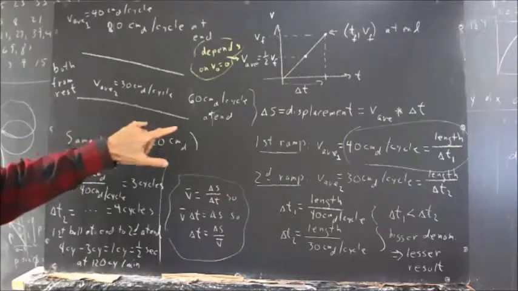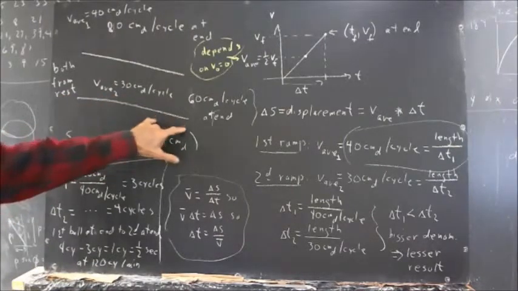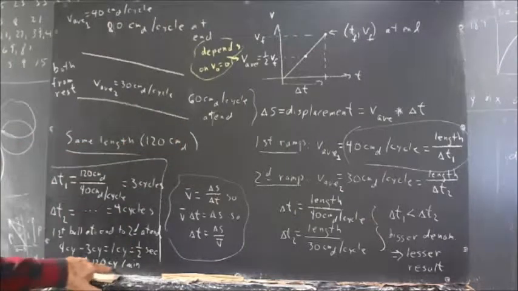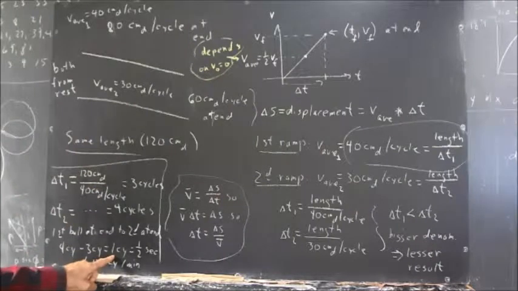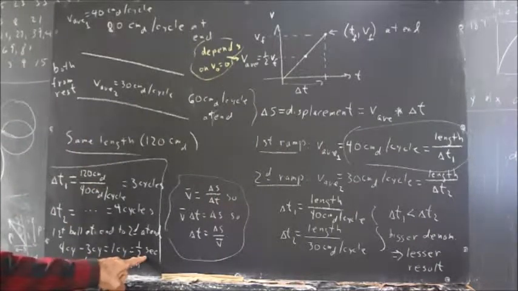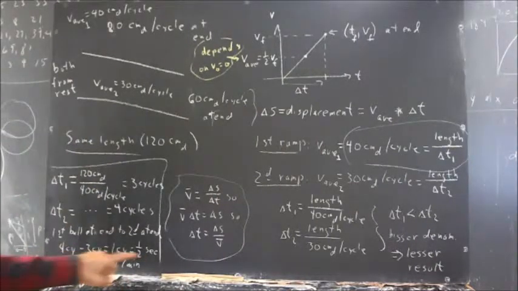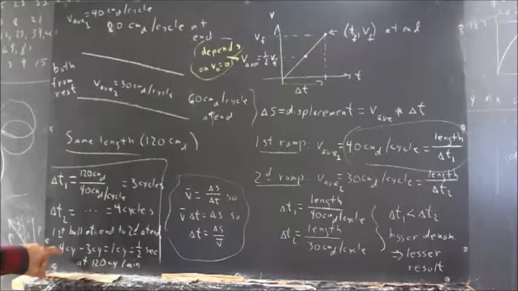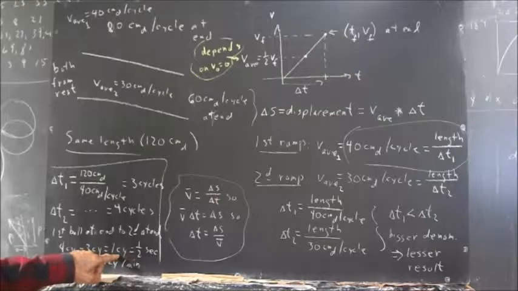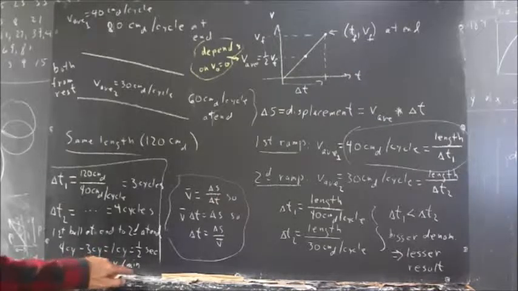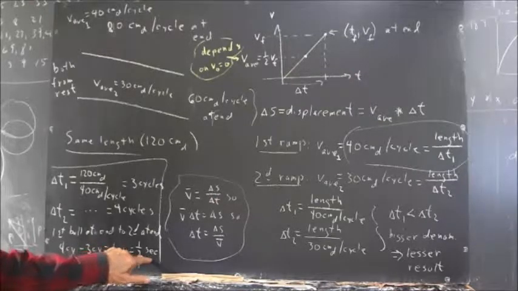There's a 1 cycle difference in the time. If there are 120 cycles per minute, that means there are 2 cycles per second, so that 1 cycle difference is half a second. So the reasoning is fairly straightforward. The difference in the times is 4 cycles minus 3 cycles, which is 1 cycle, and at 120 cycles per minute, a cycle takes half a second.